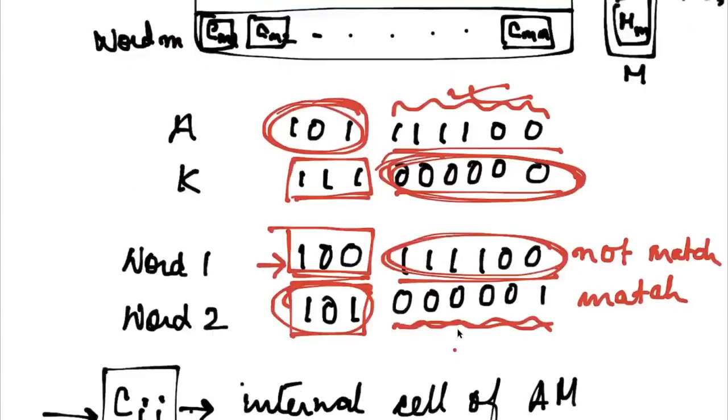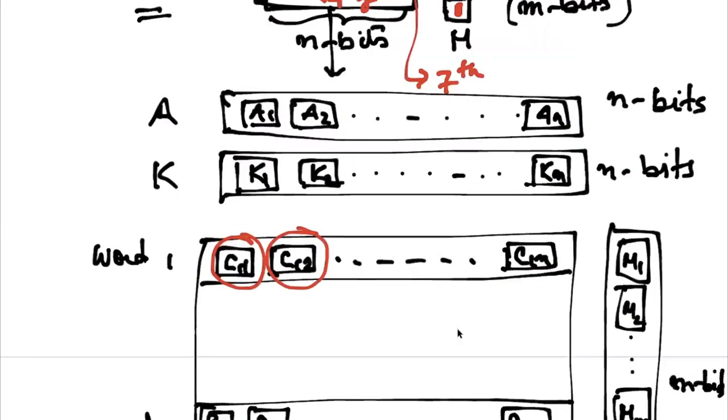As we are aware, we have the argument register. As we had seen in the previous class, we have the bits of the argument register, that is A1, A2 up to AN. And then we have the key register bits K1, K2 up to Kn. And then we have the words of memory, that is C11, C12, and so on. And also the bits of the match register, which we denote by M1, M2 up to MM.